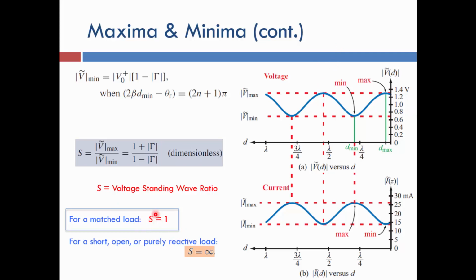If S is larger than 1, that means there is a reflection. And at maximum reflection, that means if all the power or all the voltage is reflected, we expect S to be a very large number, approximately infinity. So I think it's good for here. Thank you very much.